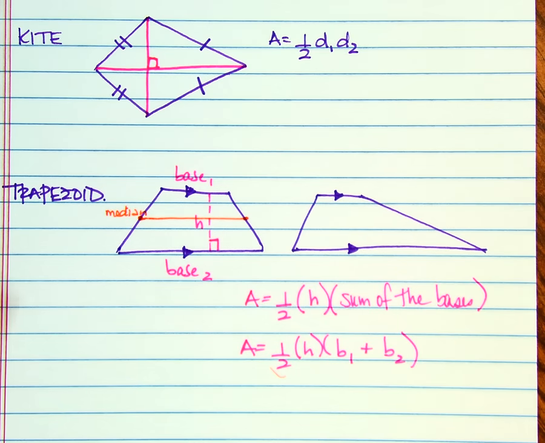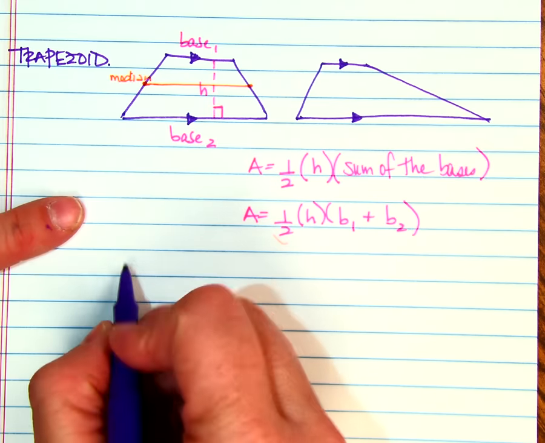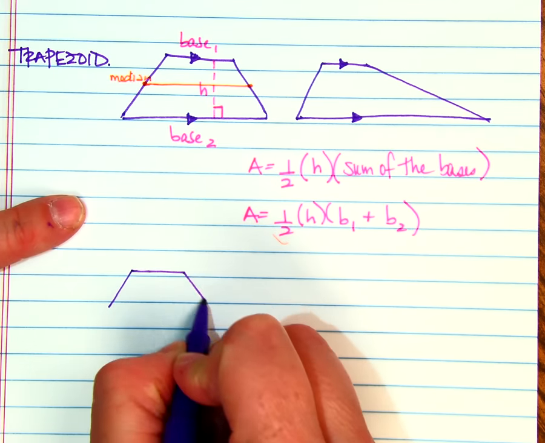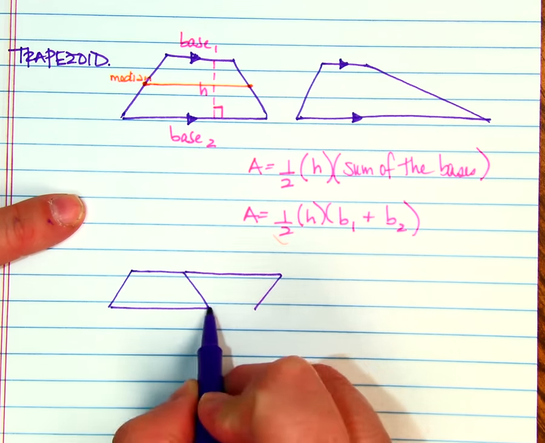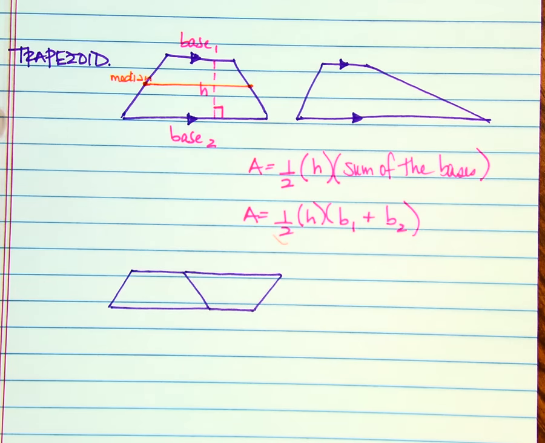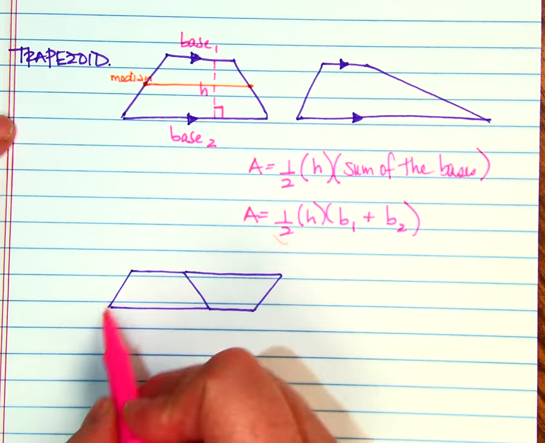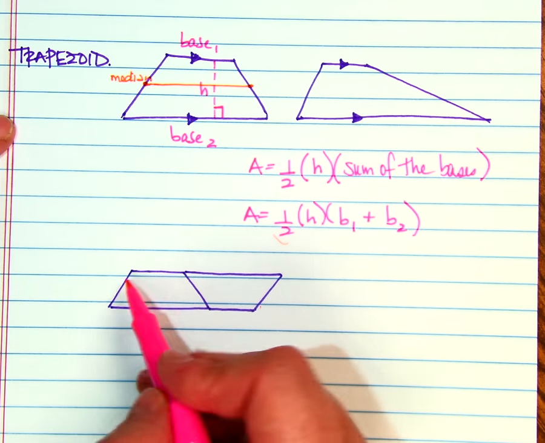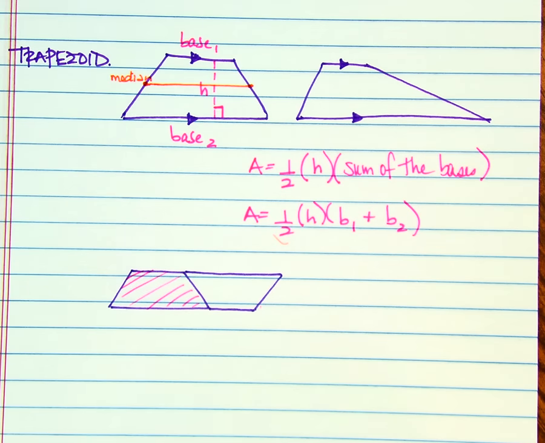Another thing you can be looking at is that a trapezoid, if I were to take this and flip it upside down, scoot this up, so I have two congruent trapezoids, and I flip it upside down, what's happening is you are finding, basically, this is a parallelogram. So you're finding half of the parallelogram is what you're actually doing. Okay. I'm going to do a separate video for triangles because I have some other special problems that I want to do in there.